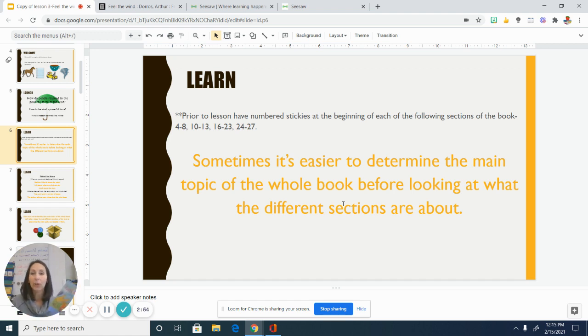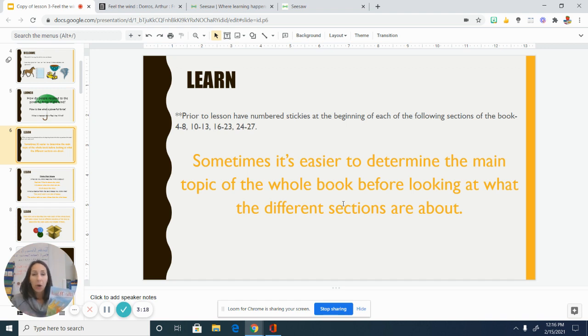Yeah, it's all about the wind, right? This whole book is telling about different aspects of wind. What would be some evidence to support the idea that the main topic is wind? Well, the title, right? Feel the Wind.